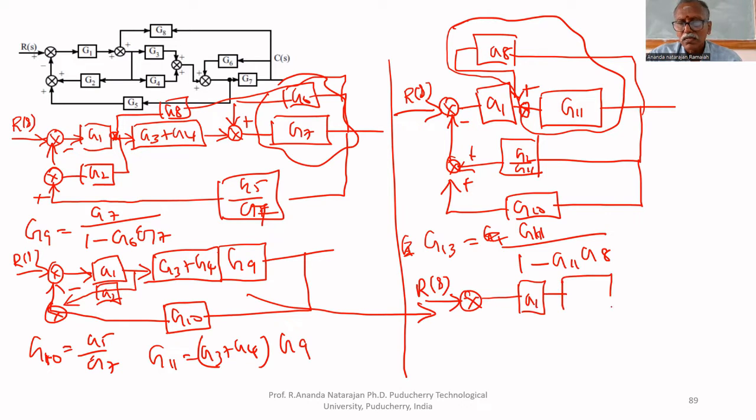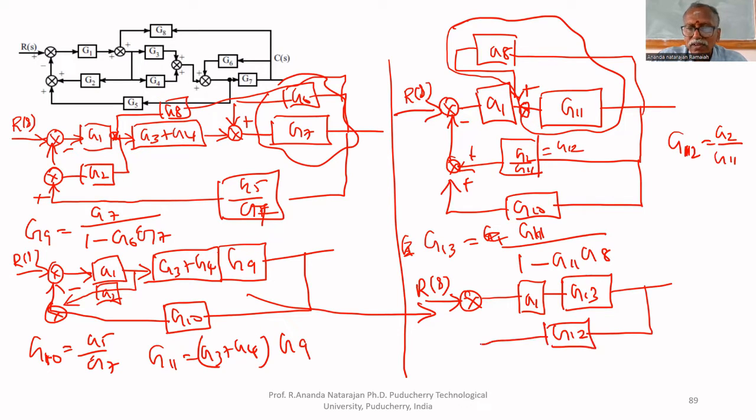G1, G13, G13. This is equal to G12. G12 equal to G2 upon G11. So now we'll get G12, one feedback. Another feedback is G10.